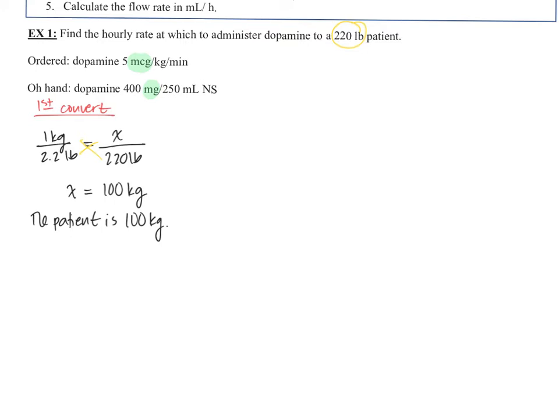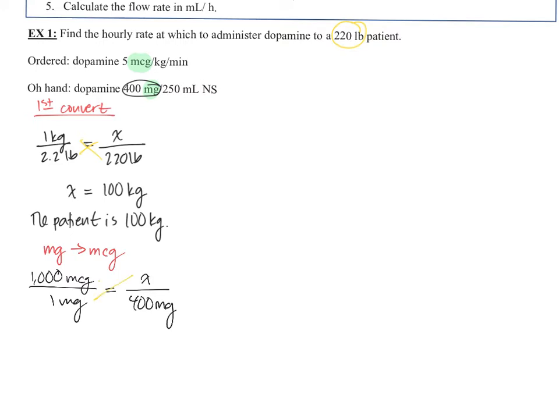We're going to convert from milligrams to micrograms. The conversion factor is 1,000 micrograms equals 1 milligram. We'll set that up. We want to figure out how many micrograms we have, so X over 400 milligrams.